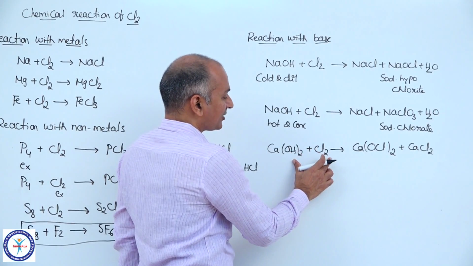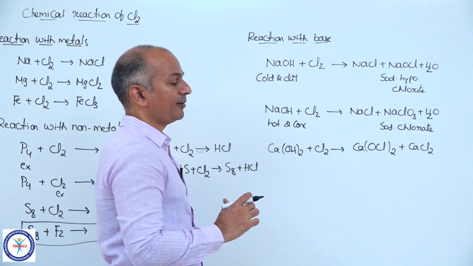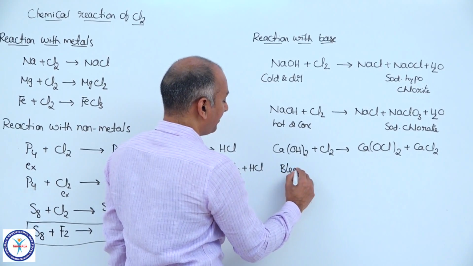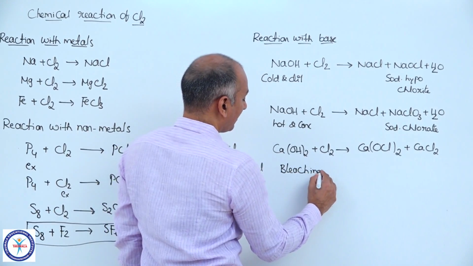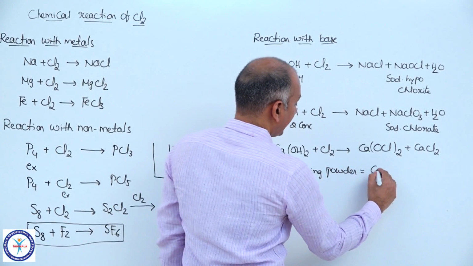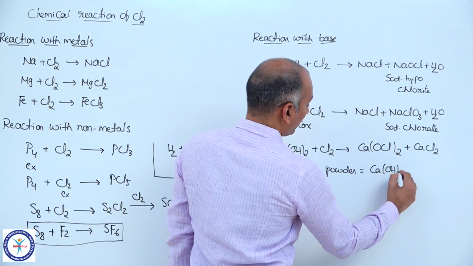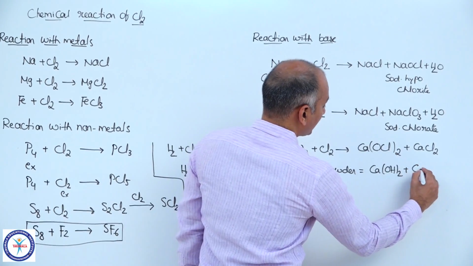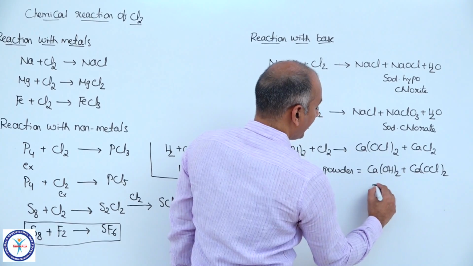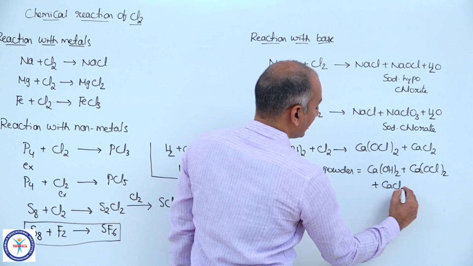Actually this reaction is used to prepare bleaching powder, and the composition of that bleaching powder is Ca(OH)2, some amount of Ca(OCl)2, and some amount of CaCl2.